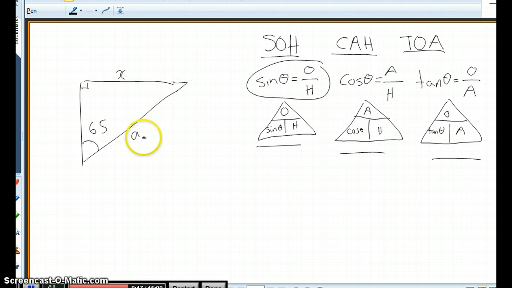And if you look closely, the H has been identified as A. And the X has been identified, and remember, this is the angle, so opposite the angle is O. Which triangle do I use if we've got an O and an H? The first one, okay?